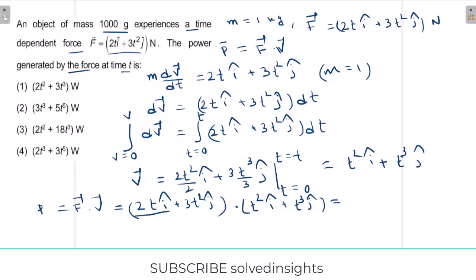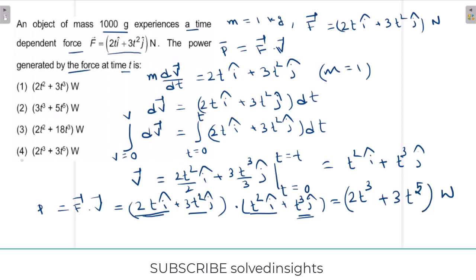So i dot i, 2t into t square, that is 2t cube, plus, now i dot j is 0, so j dot i is also 0. So j dot j is 1, that is 3t square into t cube, that is 3t to the power 5. So 2t cube plus 3t to the power 5 watt.